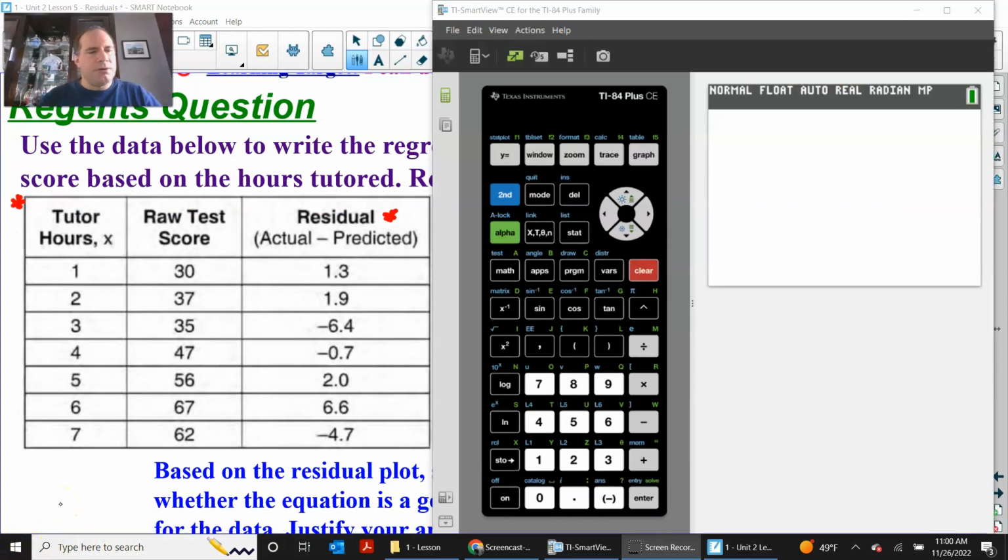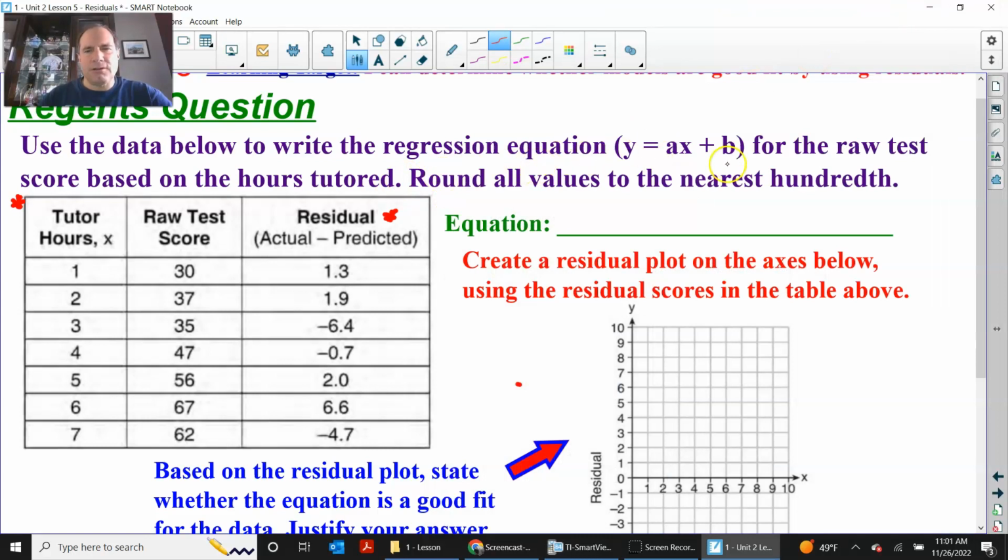Right now we're going to write the regression equation for the raw test score based on hours tutored. So we're taking this and inputting it as L1, and this as L2. Then we're going to get an equation, and it says round all values to the nearest hundredth.